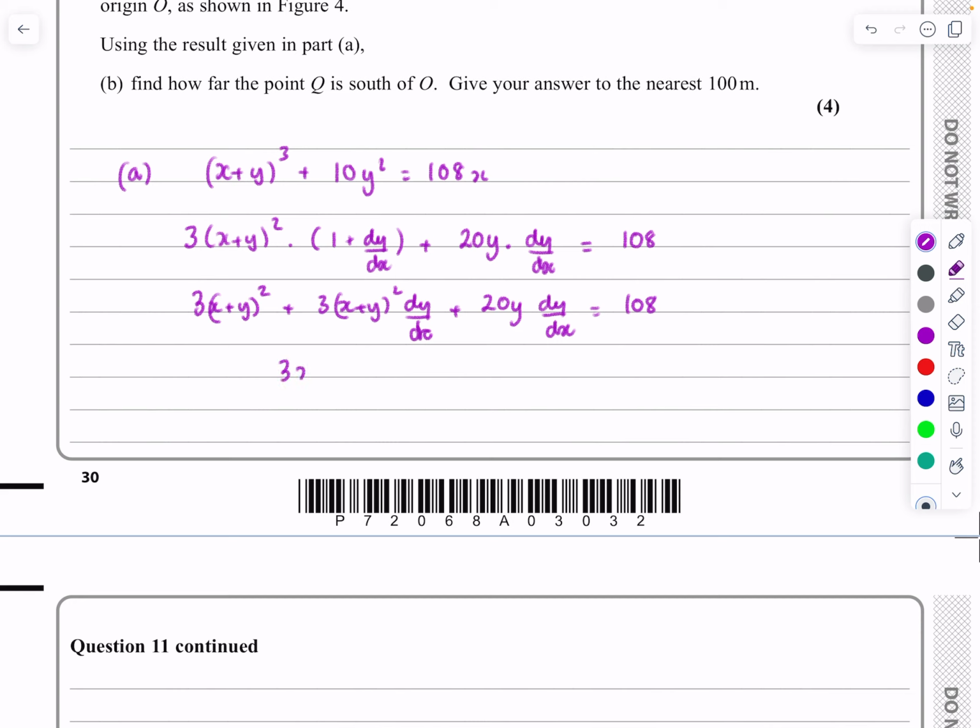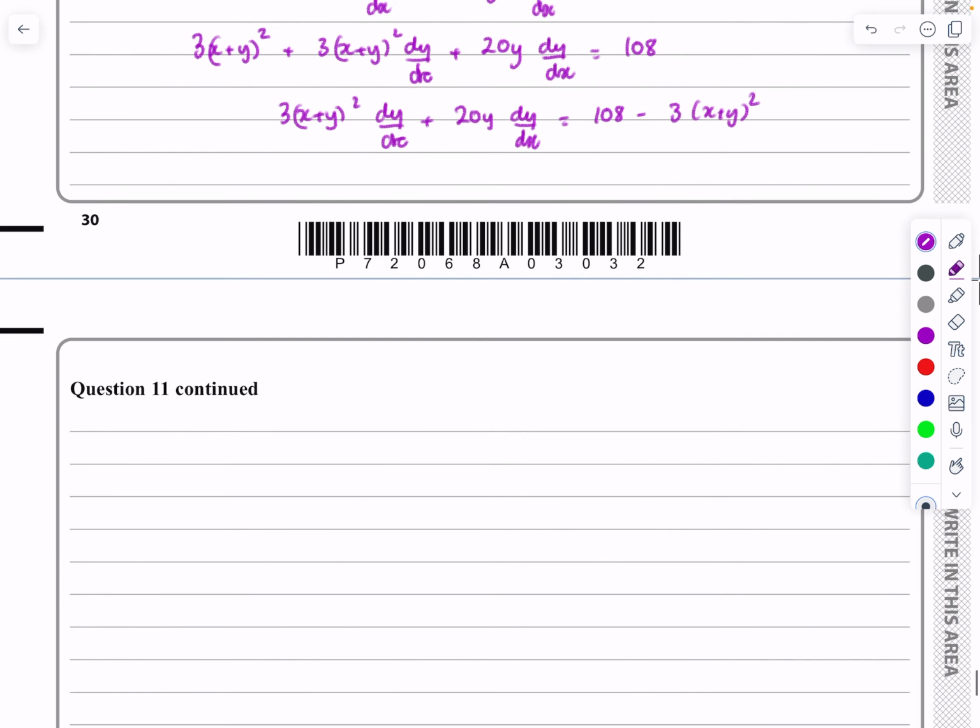So 3(x plus y) squared dy by dx plus 20y dy by dx equals 108 minus 3(x plus y) squared. Factorise and take dy by dx out as a factor, which is going to leave me 3(x plus y) squared plus 20y is all equal to 108 minus 3(x plus y) squared.